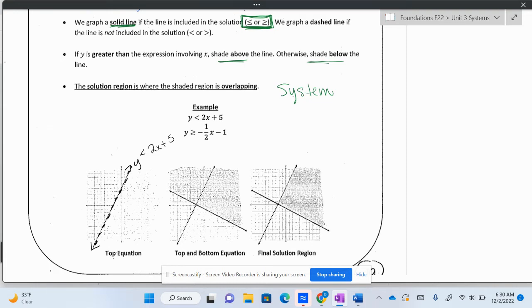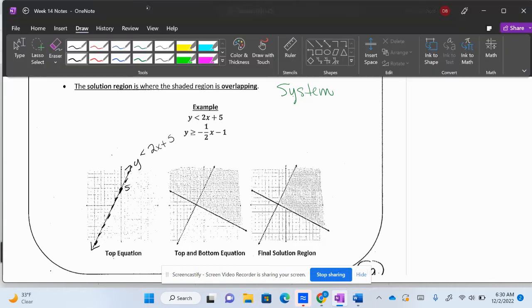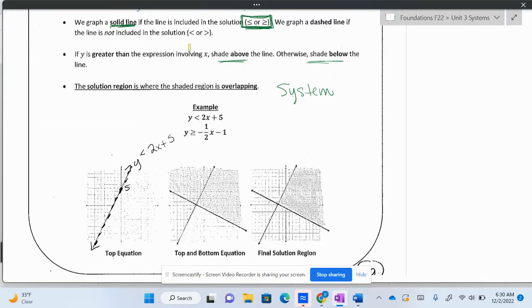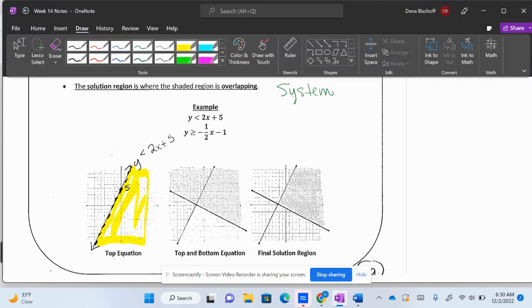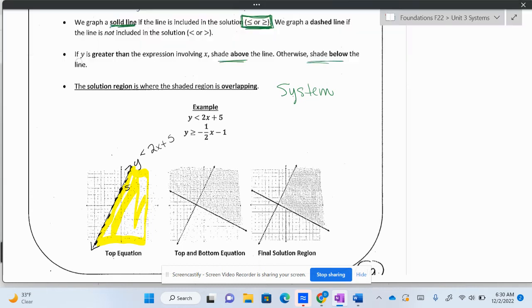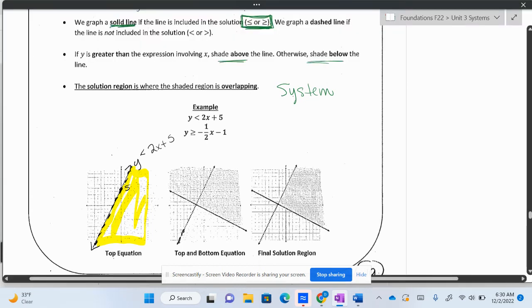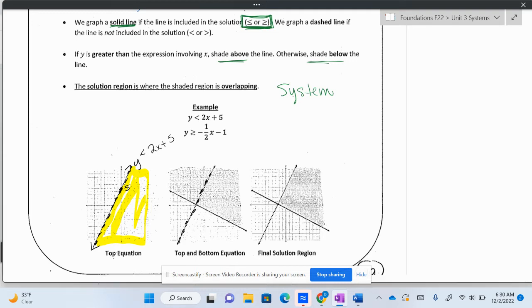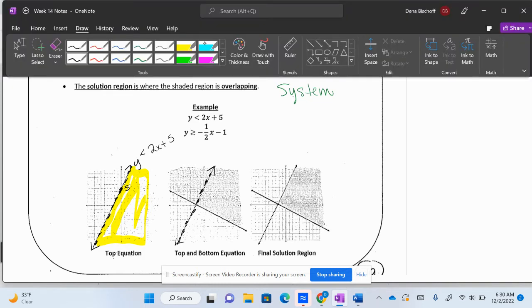So the dashed line crosses the y-axis at 5, has a slope of 2, and because it's less than, we're going to shade below. Dashed line, shade below. I'm going to repeat that on the second one, just reiterating that same inequality again.